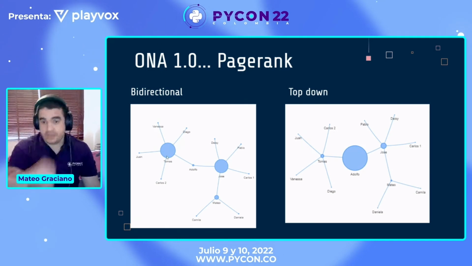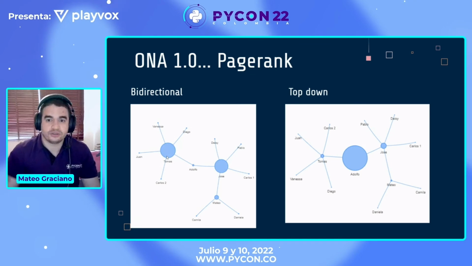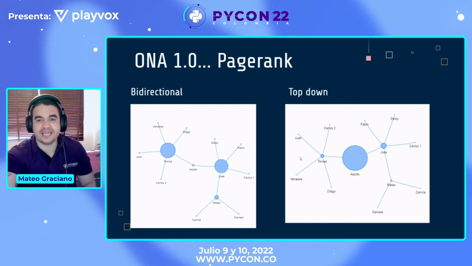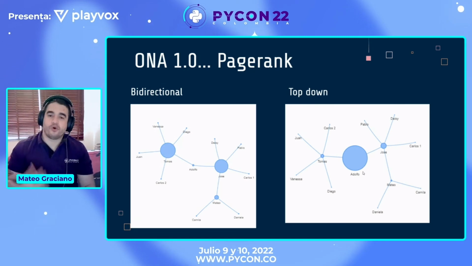But if information only flows top down from the high leader to the collaborators, the only important person is the big leader.